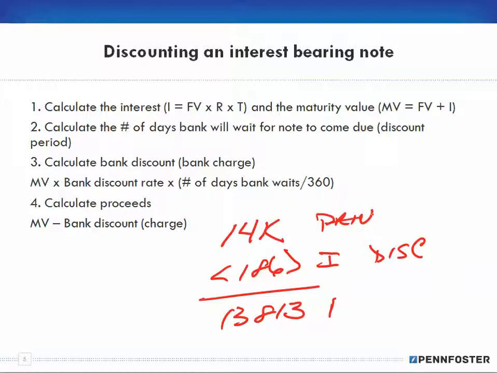So this principal now is not called principal, it's called face value. And that's really the only difference between last chapter and this chapter, this one little extra twist in having that discount. You're calculating the interest, but you're paying the interest up front.